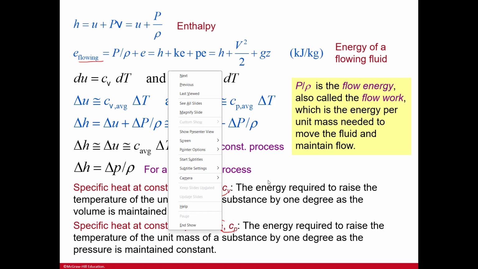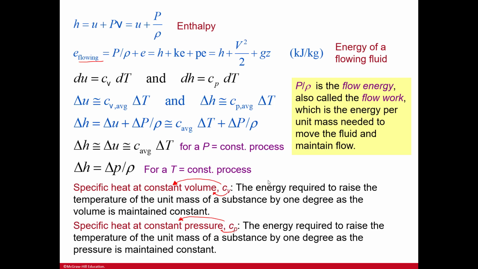So here, specific heat at a constant volume is the energy required to raise the temperature of a unit mass of a substance by 1 degree as the volume is maintained constant, okay? What this specific heat is saying is, hey, we need this amount of energy to raise the temperature per unit mass, of course, because that matters, of whatever the substance is by 1 degree, but we have to maintain the volume as constant.